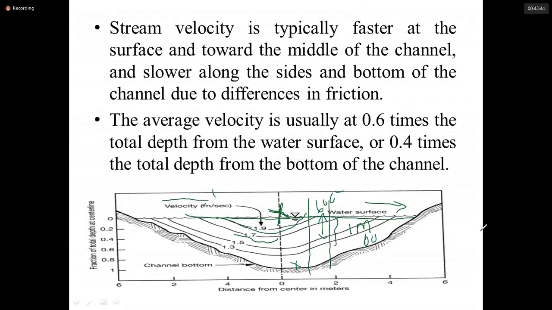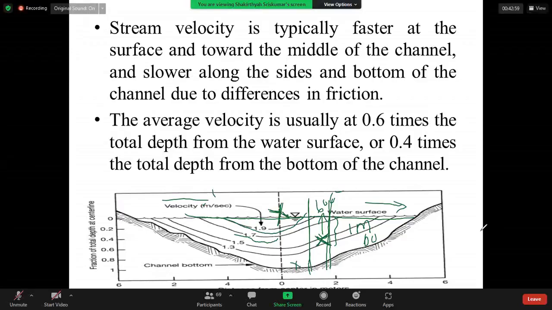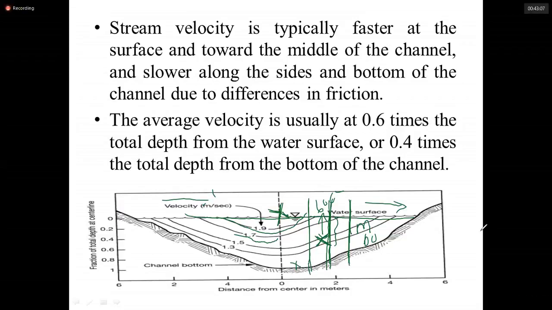So at that 60 centimeter from the surface, we can take it as an average velocity for this depth. So for this depth, we need to measure the depth and take the 0.6 times from the surface and take the value as an average value of that depth.